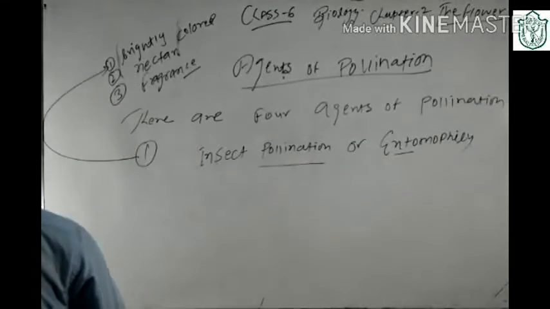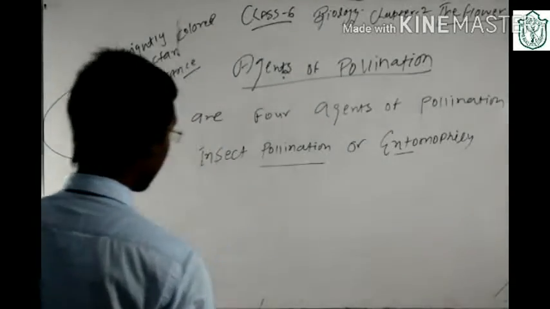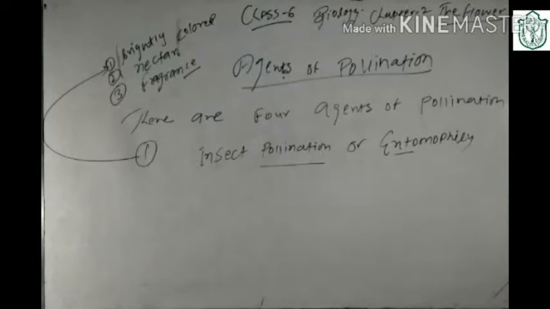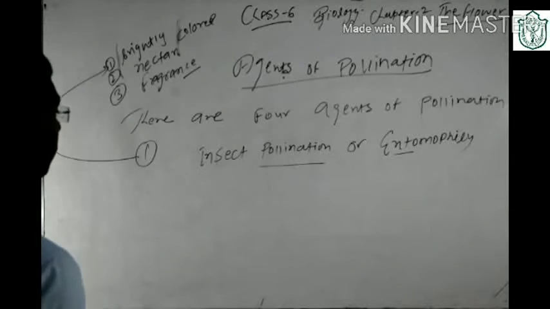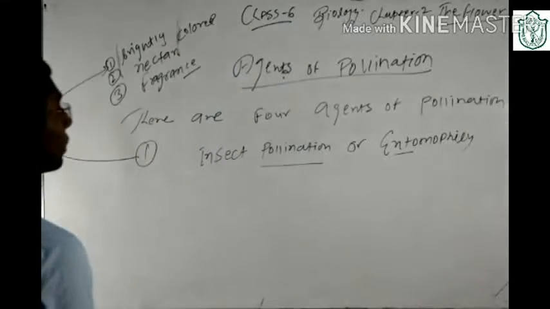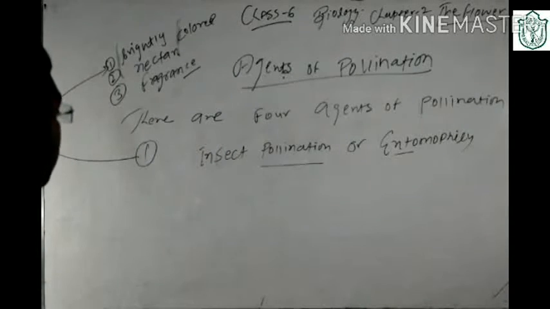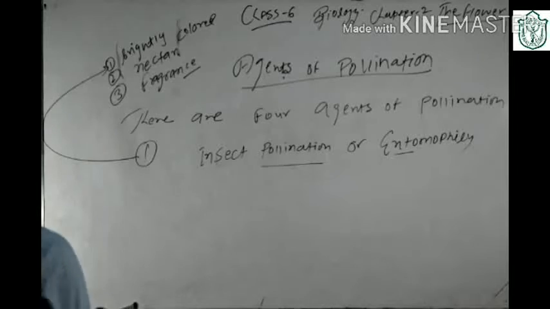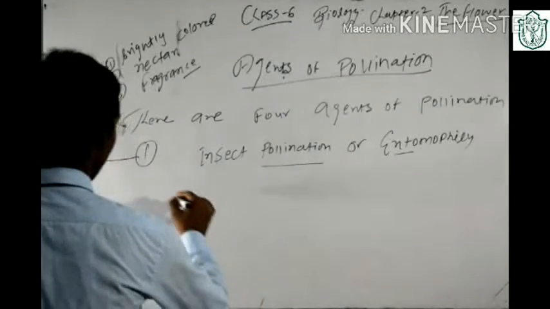This type of pollination happens to those flowers that have three characteristic features.